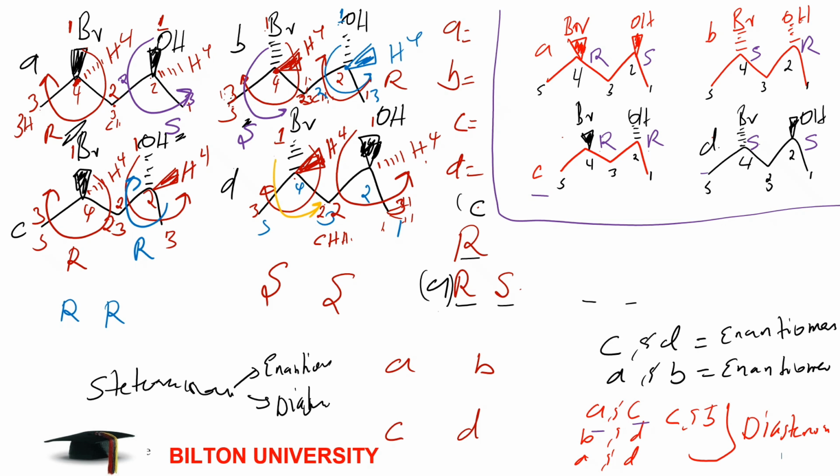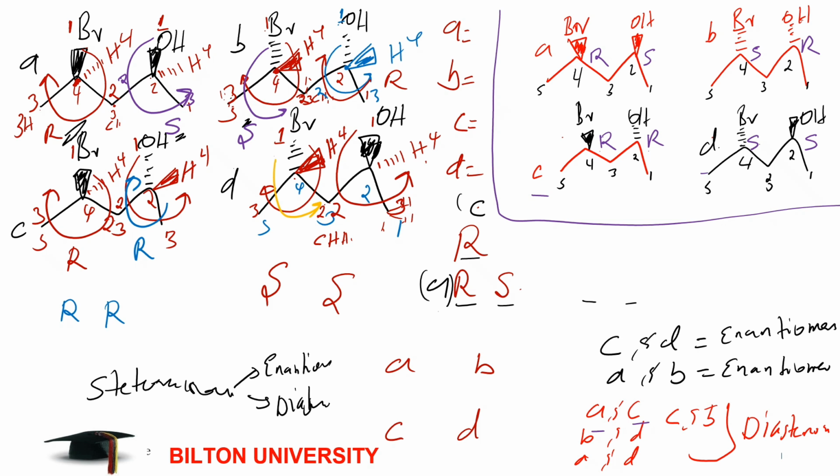If you look at carbon number 4 in A, it is R, and in C, it is also R. But carbon number 2 in A is S, while in C it is R. So it is only carbon number 2 that has changed, but carbon number 4 has maintained its configuration, and therefore A and C are diastereomers.